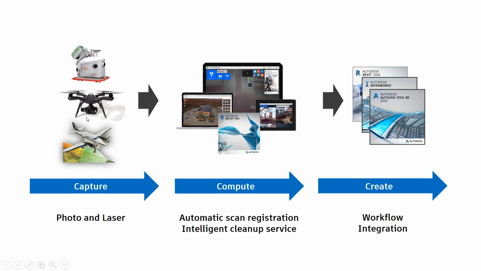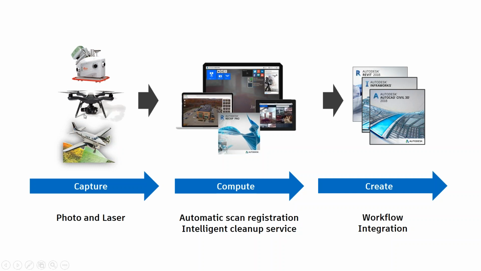We can also import the data from photos. Basically, photos you can take with a drone or with aerial photogrammetry, and all this data can be imported to the solution called Autodesk Recap Pro, where from laser scans we can automatically register different scans together to have one homogeneous point cloud which you can work with.